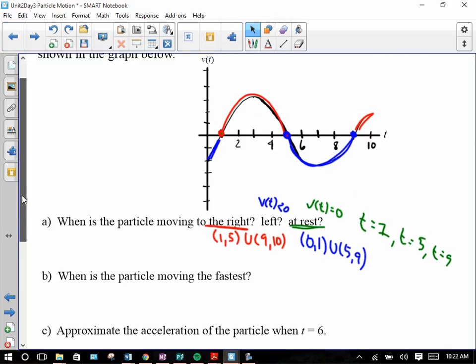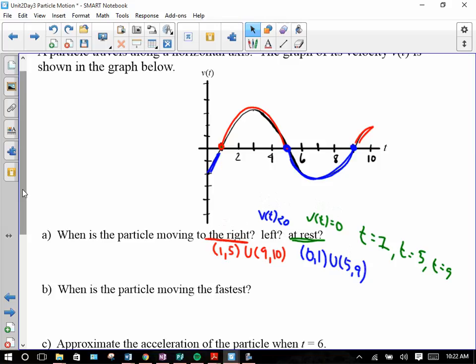It's also asking, when is the particle moving the fastest? When is it moving the fastest?